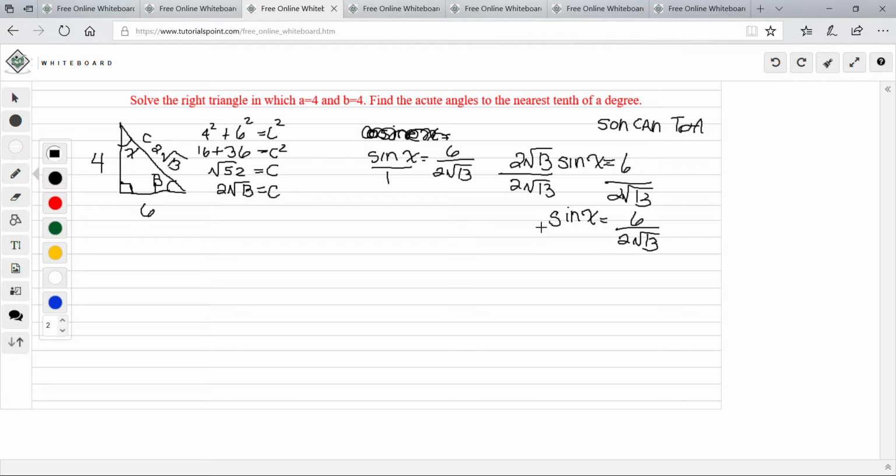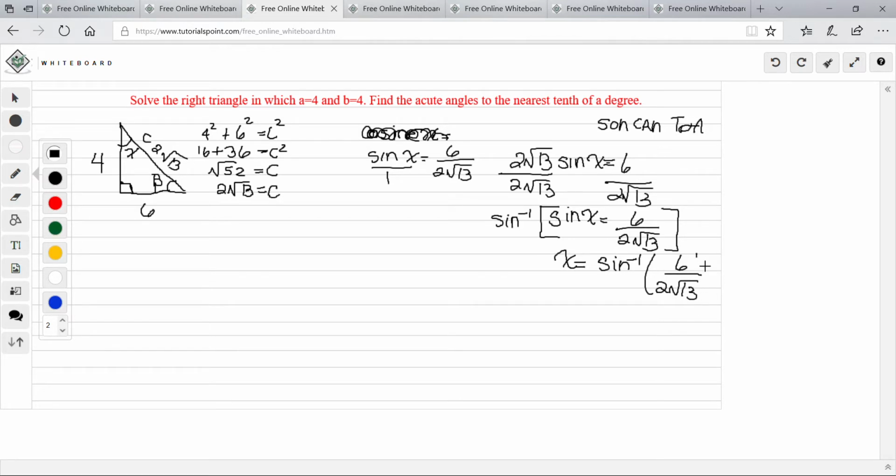What we can do is apply the inverse sine to each side. This will get rid of the sine and you're left with alpha. So alpha equals sine inverse of 6 over 2 root 13.